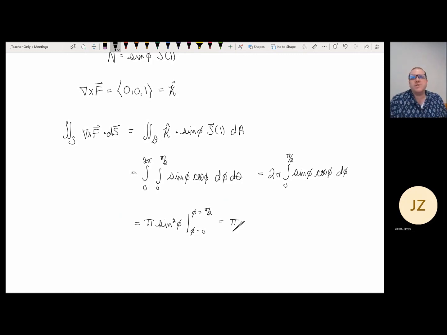That is going to be pi times sine squared of phi, or negative pi times cosine squared of phi. Either one, they give you the same answer. In either case, that evaluates out to 1 times pi, which is just pi.